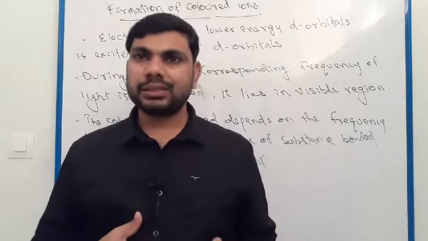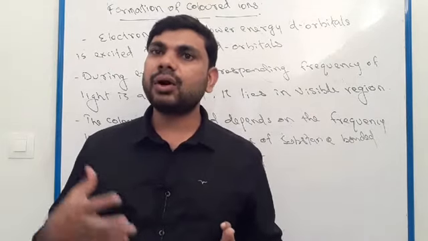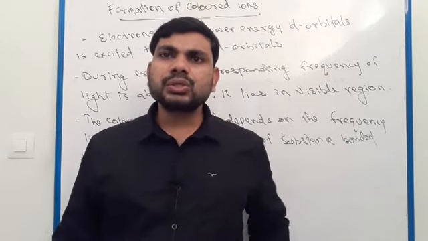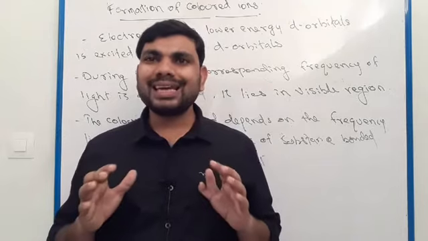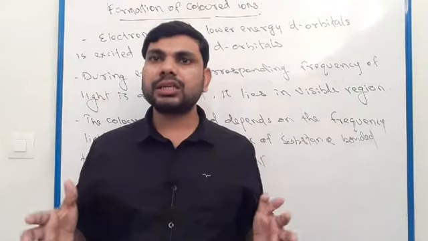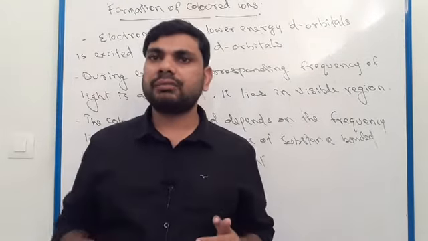D block elements form different types of colored compounds. Okay, so we have to discuss this. So see here, in the normal case all d electrons are in a lower energy level.